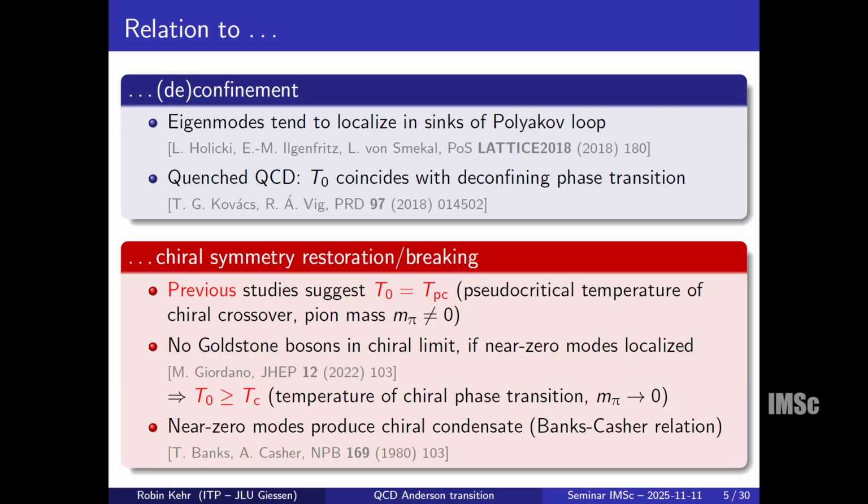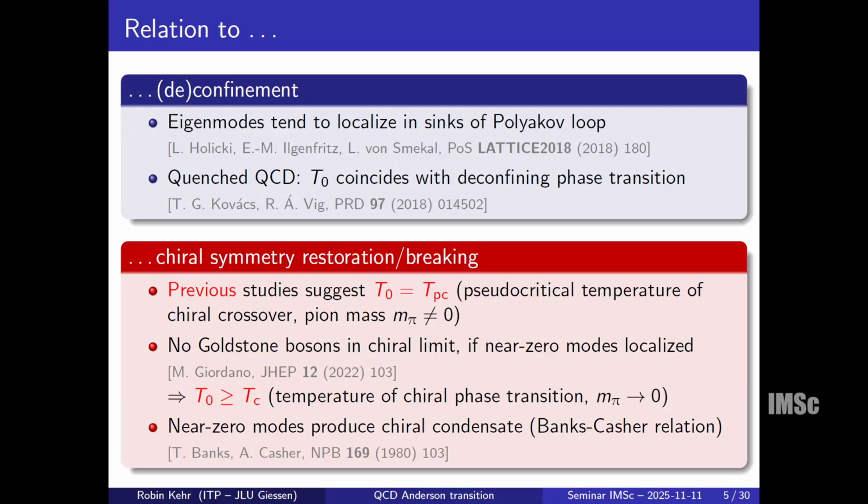So this is a really long paper by Matteo. Maybe we can have a look afterwards. So it's 70 pages long or so, where he argues that this happens. So I would think that this Anderson localization and the chiral crossover transition temperature would be coincident rather than having different temperatures.